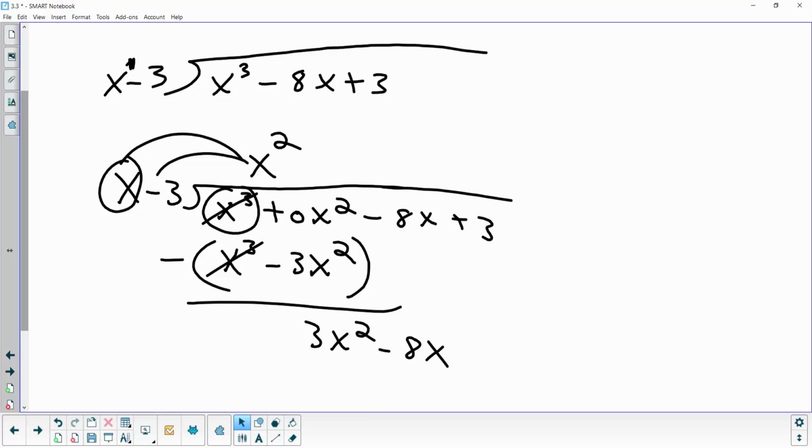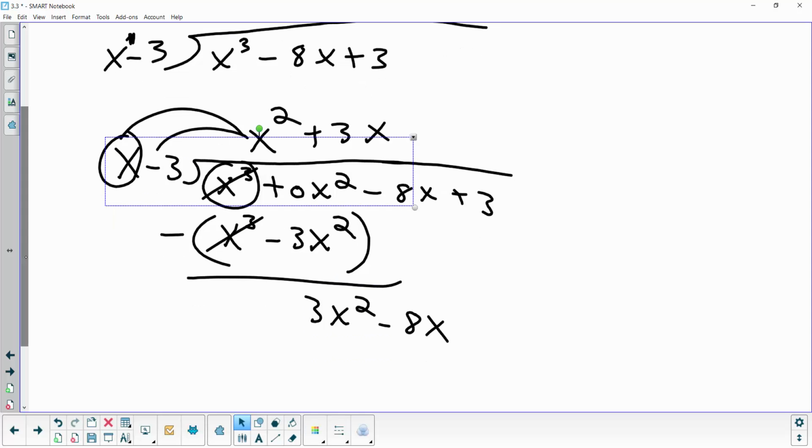Take the first term on the outside and divide it into the first term on the inside. So Jake, what do I get if I divide x into 3x squared? 3x. Now we're going to multiply that back out. Francesca, what's 3x times x?